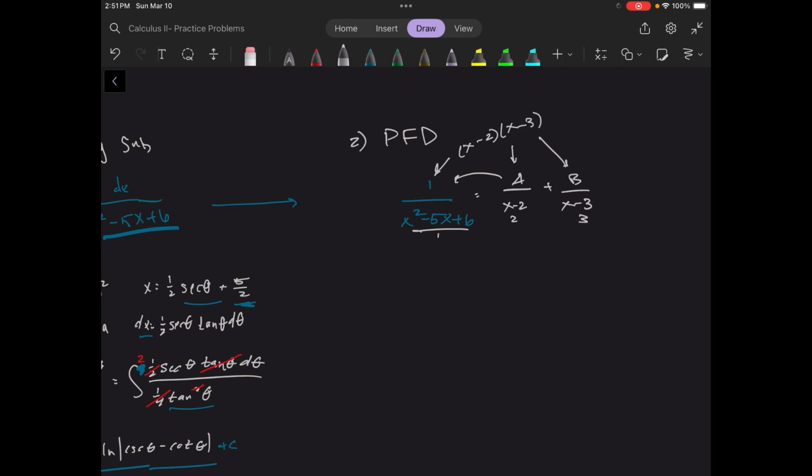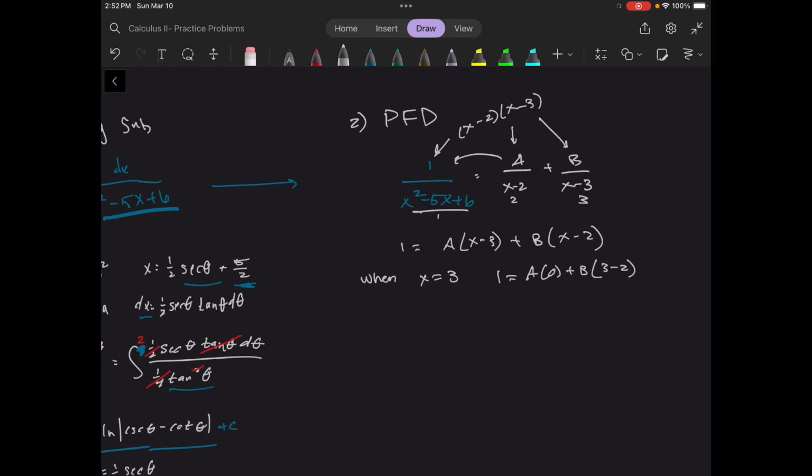You should have learned this in pre-calc, but 1 equals a, and then x minus 2 is canceling, you just get an x minus 3, and b, x minus 2. So a and b don't change. So what we can do is we can use test values. When x equals 3, for example, you have 1 equals a times 0 plus b times 3 minus 2, right?